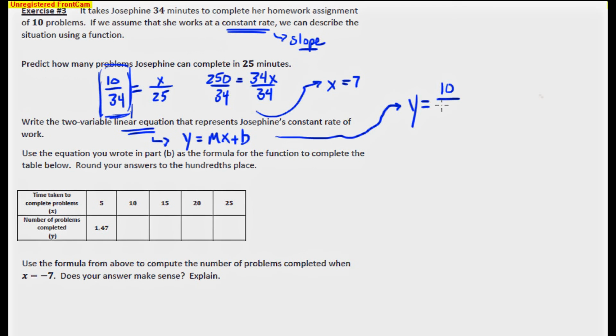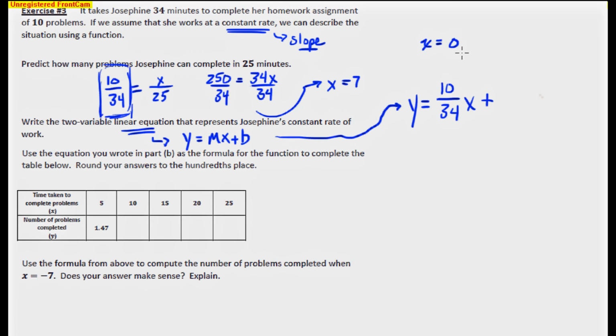And x still stays right where it is, but I need my y-intercept. Now let's think about this. If this is the time taken to complete problems, and this is the number of problems she completed, remember the y-intercept is always where x equals 0.